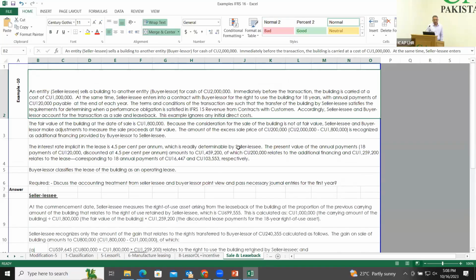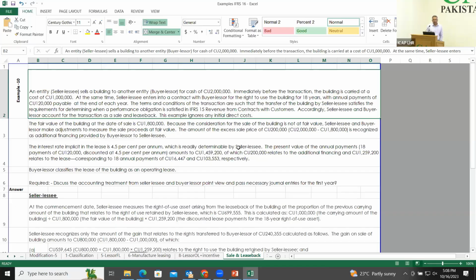At the same time, the seller lessee enters into a contract with the buyer lessor for a right to use the building for 18 years. The annual payment of 120,000 is payable at the end of each year. The transfer of the building by the seller lessee satisfies the requirements for determining when a performance obligation is satisfied in IFRS 15, Revenue from Contracts with Customers. So it's a sale. Accordingly, the seller lessee and buyer lessor account for the transaction as a sale and leaseback. This example ignores initial direct costs.